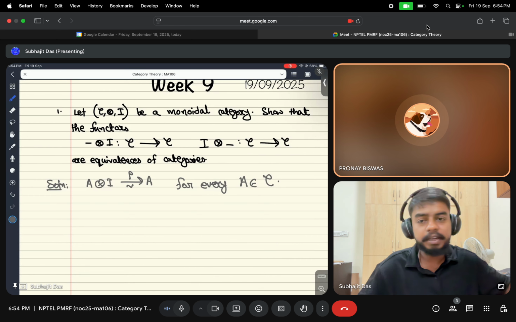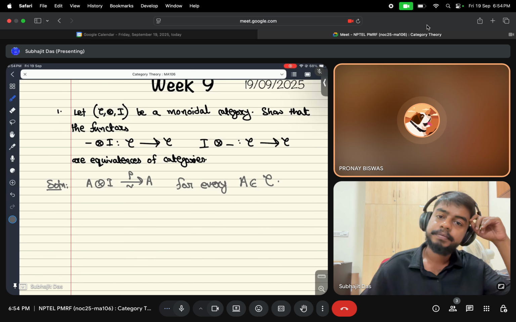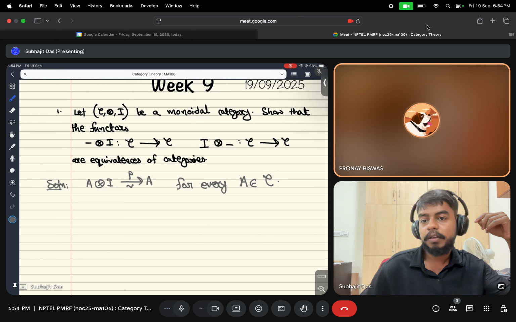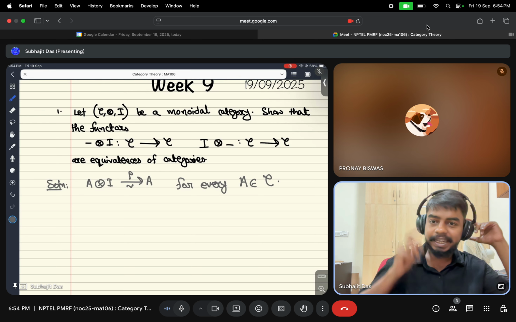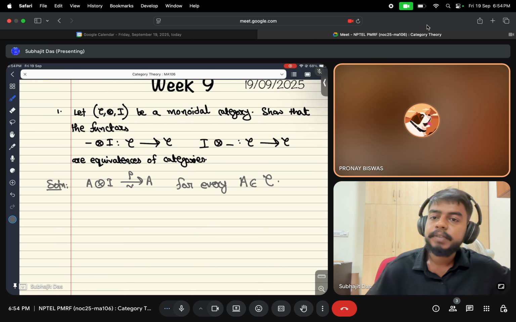Yeah, you have lambda. Sorry, I didn't get your point. Which definition of equivalence of categories are you using? It has a quasi-inverse.